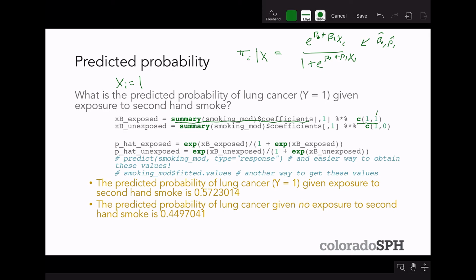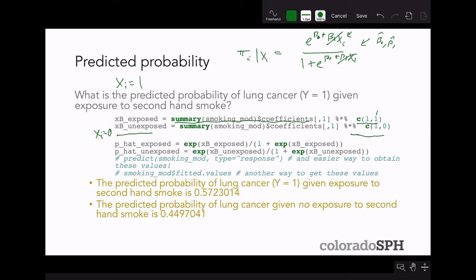And then to get the predicted probability for somebody who is not exposed to secondhand smoke, those are the people where xi equals 0. Well, in that case, in this equation up here, the xi would be 0, so this part of the term would drop out, and this part of the term would drop out. And that's what this code is saying here.